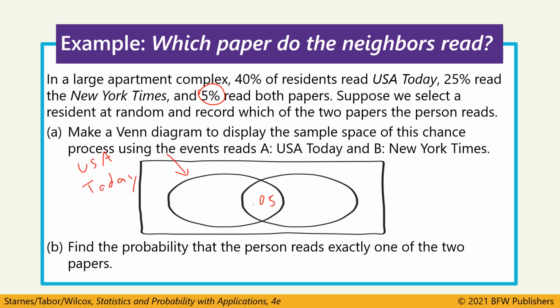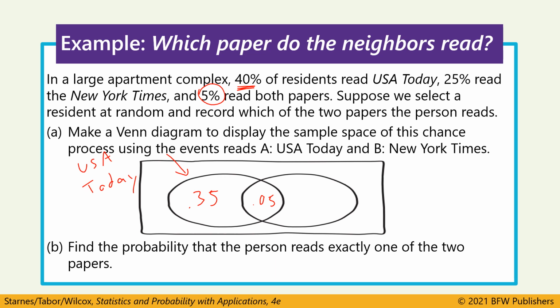All right, now if there's already 5% in that middle section, we can't just put a 40% over here because now this whole circle would total 45%. So we have to subtract that out. There's 40% in total, which means there's 35% over here. Combining with that middle part totals the 40%.